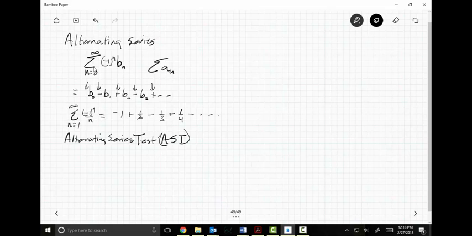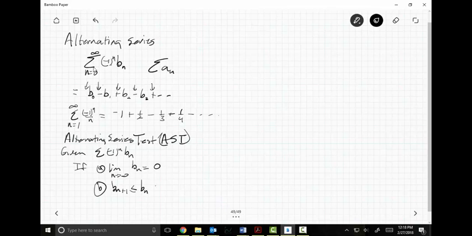It's only two parts, and the way that it works is as long as I have an alternating series, given (-1)^n b sub n, if the limit as n goes to infinity of b sub n is equal to 0, that's part A. Part B, b sub n plus 1 is less than or equal to b sub n.